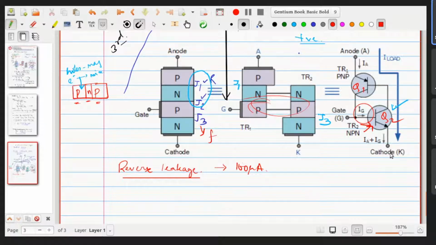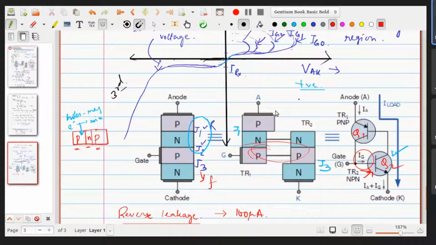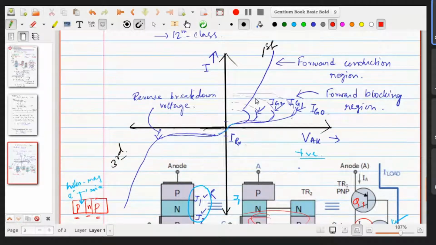This junction is going to break down, and the two component transistors that we know are going to switch on to saturation. Once it breaks down, there will be some flow of current because of the anode to cathode voltage that is being provided. So this forward voltage at this point is going to be referred to as the forward breakdown voltage.